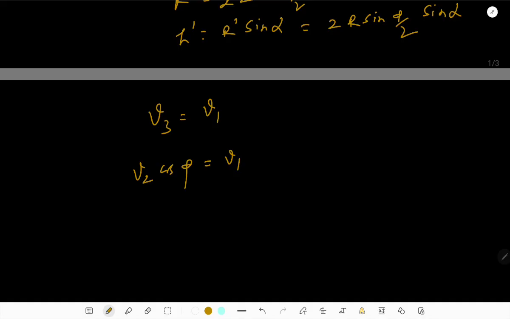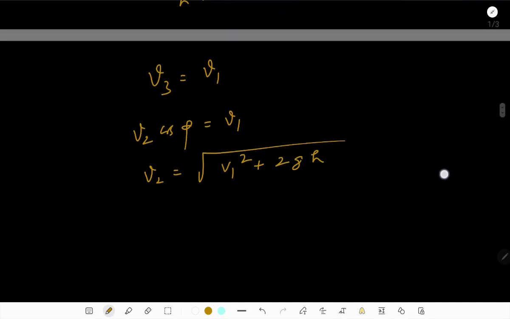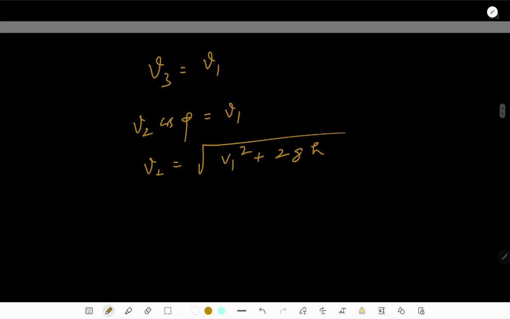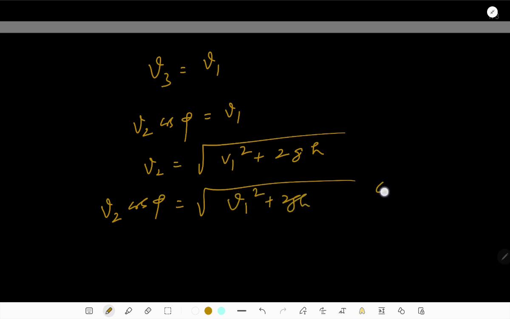So we have a relation like v2 equals under root v1 square plus 2gh, and if we multiply with this cos phi, then we are going to get v2 cos phi equal to under root v1 square plus 2gh multiplied by cos phi.